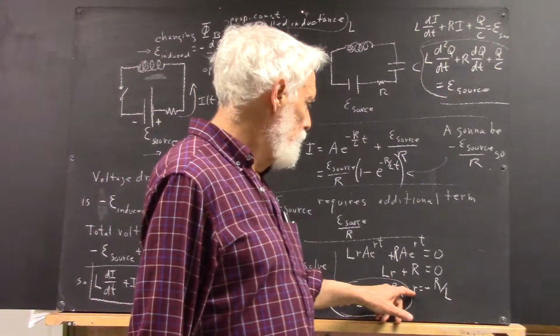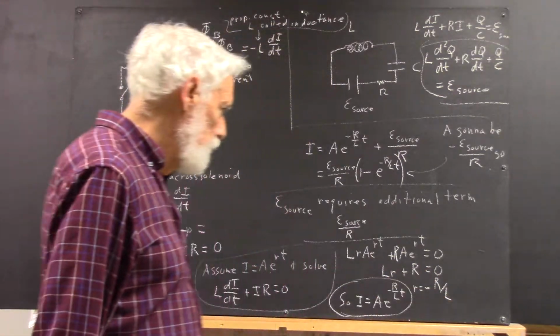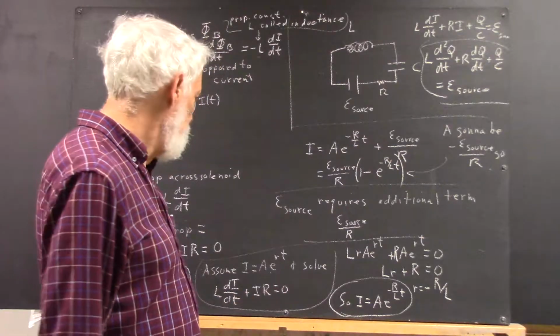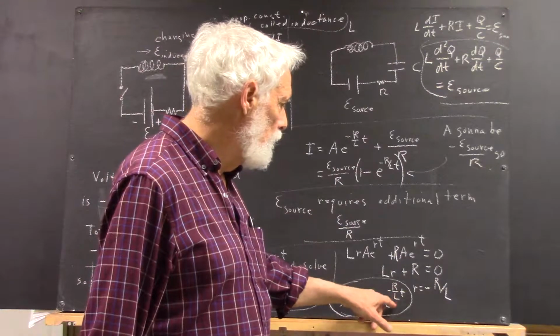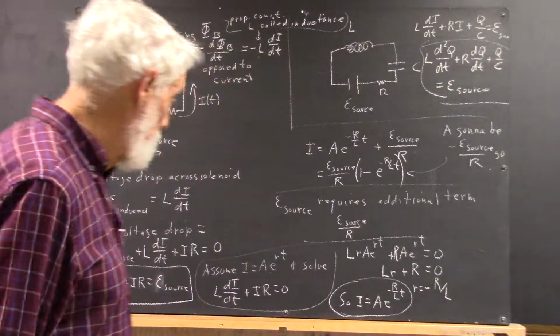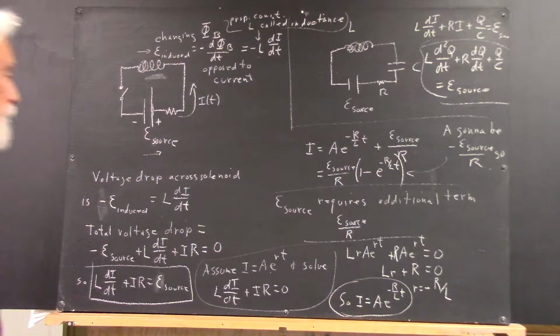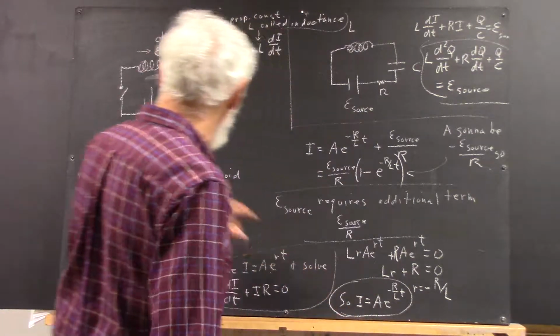So we get r equals negative big R over L, and then we substitute that into this form, and we get I equals A e to the negative R over L times t. Okay, and that's what you would get if you didn't have a source.